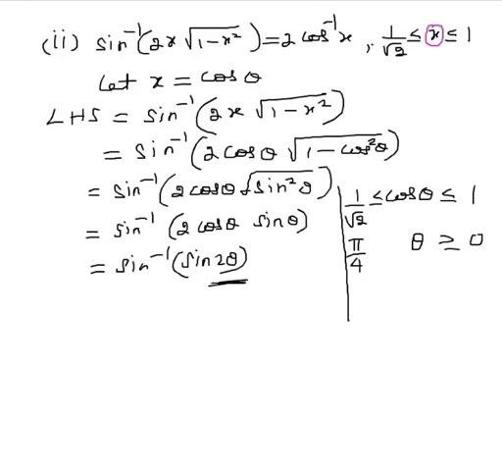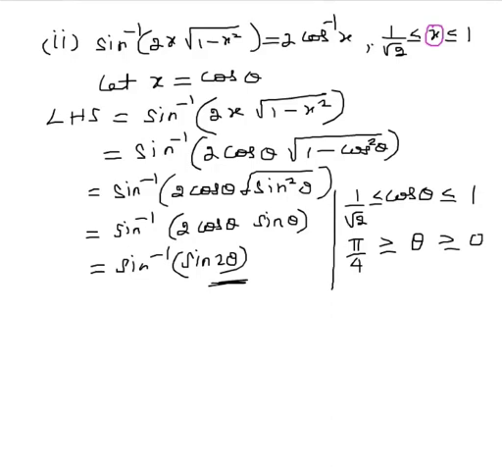And you have to reverse the inequality because as the angle increases in the first quadrant, cos decreases. So we have to reverse. Otherwise also you can make out. Look at the value. 0 here, pi by 4 here. So you have to reverse the inequality here.